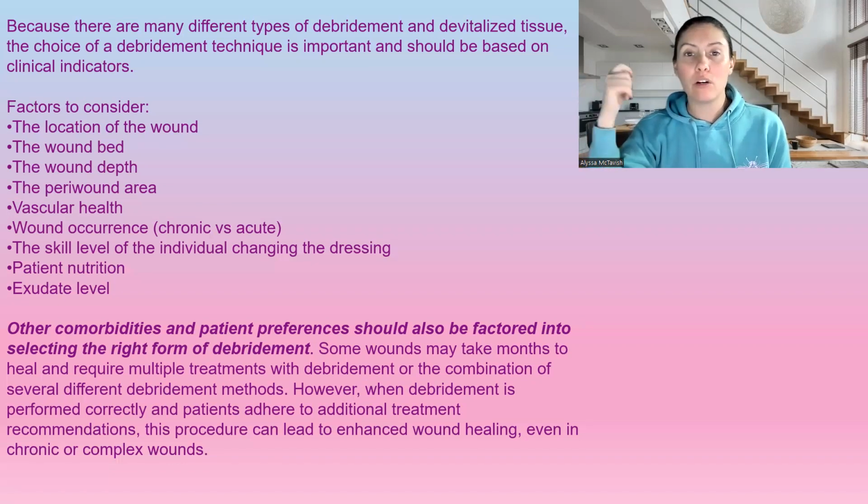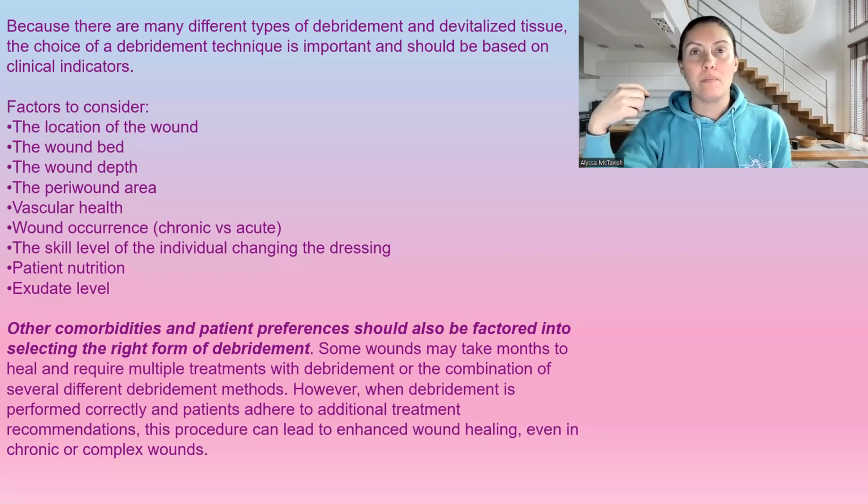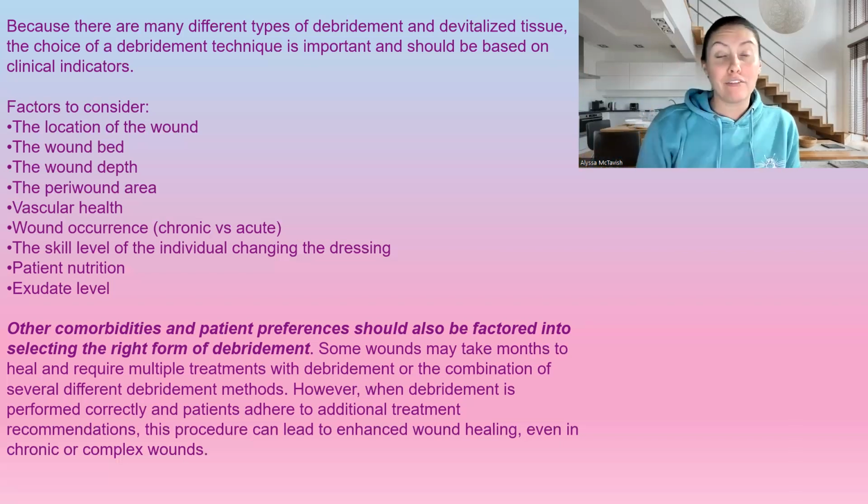So vascular health, I want to touch base on for a second, because if you have a necrotic wound caused by lack of blood flow to that area, we never want to remove the devitalized tissue, okay? As long as it's stable, we keep it dry and we do not remove it, okay?